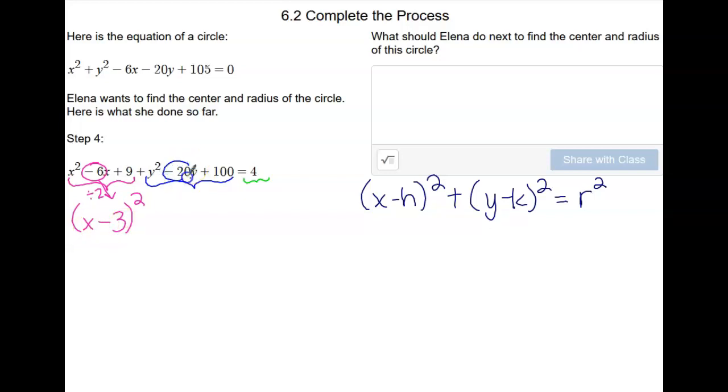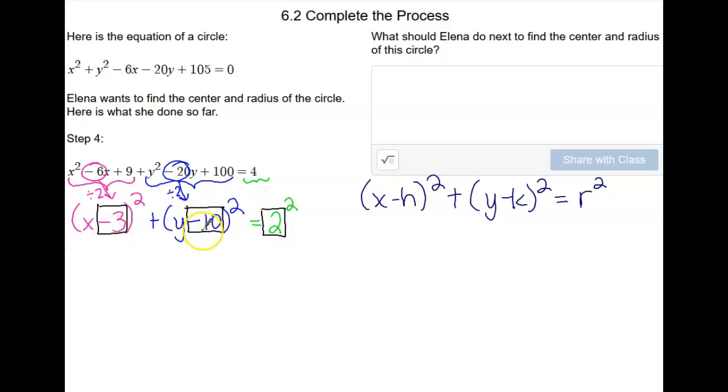For this one, we're going to take the -20 and divide it by 2. So we get (y - 10)². And then 4, we can think of it as, what number do I multiply times itself to get 4? Well, that's obviously 2, so 2². So remember, these pieces right here give us the center and the radius.